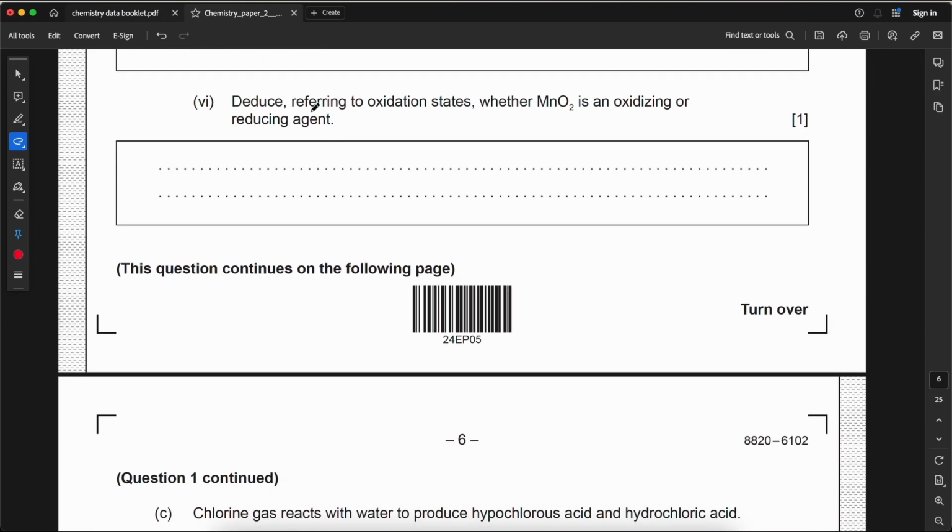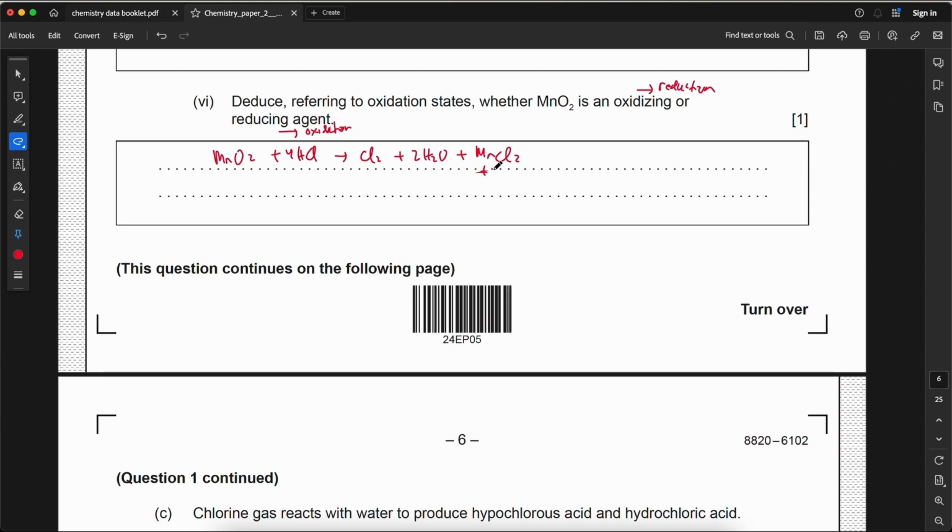Deduce referring to oxidation states whether MnO2 is an oxidizing or reducing agent. Okay, oxidizing agent means it experiences reduction. Reducing agent means it experiences oxidation. So MnO2 plus 4HCl produce Cl2, 2H2O and MnCl2.